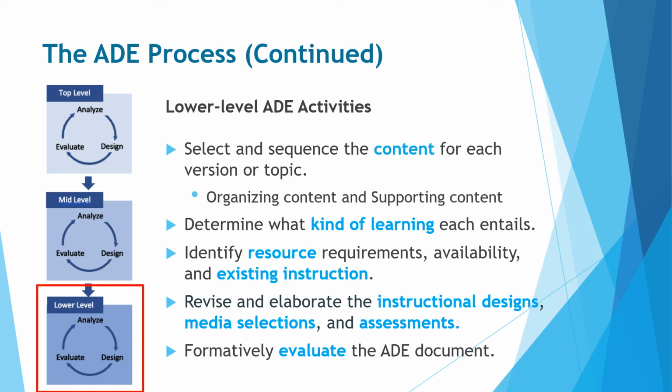Then you can elaborate your mid-level designs for instruction, media, and assessments to the full level of detail needed for developing the instruction. Keep in mind that lower-level ADE activities are not a linear process. You are encouraged to use this model flexibly and iteratively rather than trying to complete the activities in a linear manner.